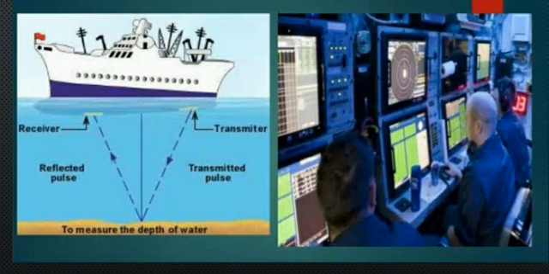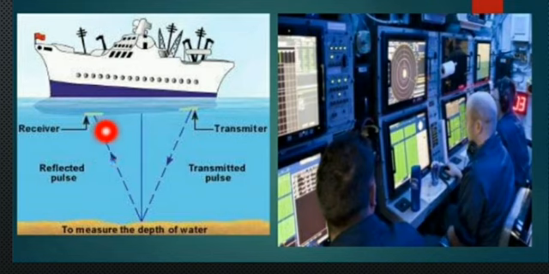See this, there is a ship to measure the depth of the sea. This is the receiver and transmitter. The transmitter transmits radio pulses, called transmitted pulses, into the sea. There is a surface under the sea, so the pulses are incident on the surface and reflected.